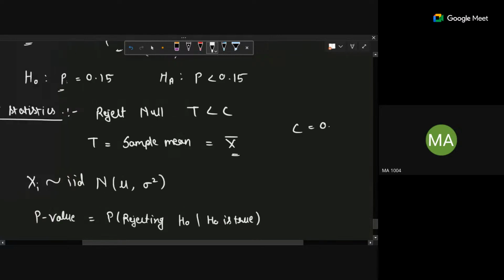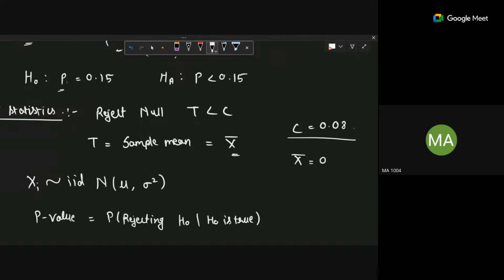is 0.08, that is the critical value. If you come up with some x bar value, let's say 0.06, I have to reject or accept my null based on this x bar, right? 0.06, so I will reject my null. That's what we do. If t is less than c, then reject it.